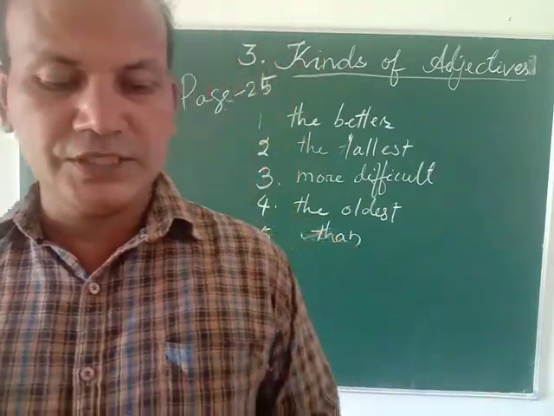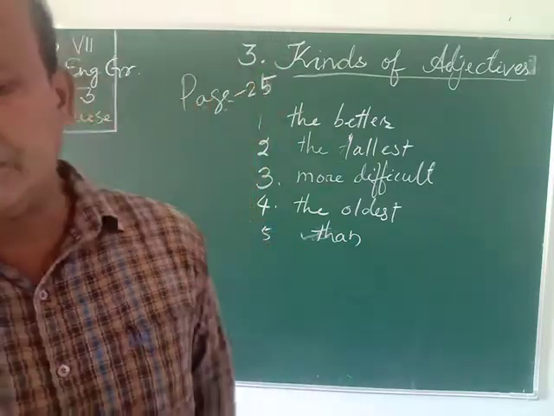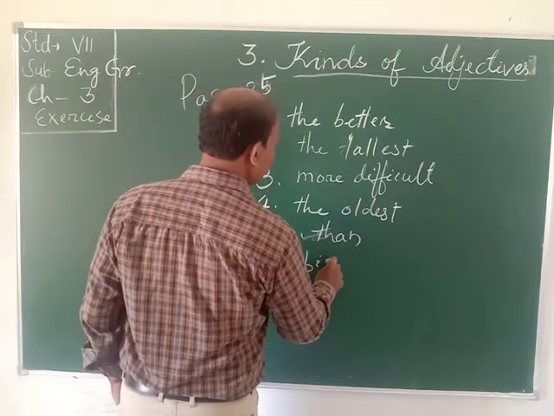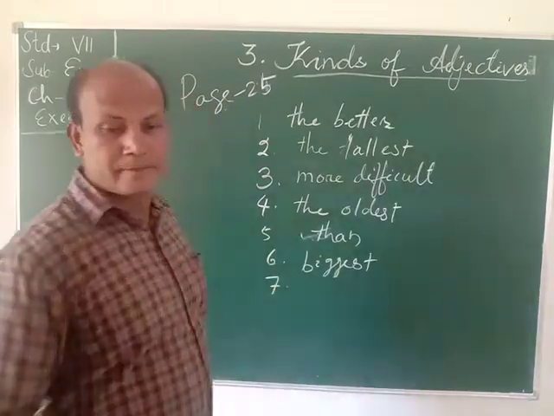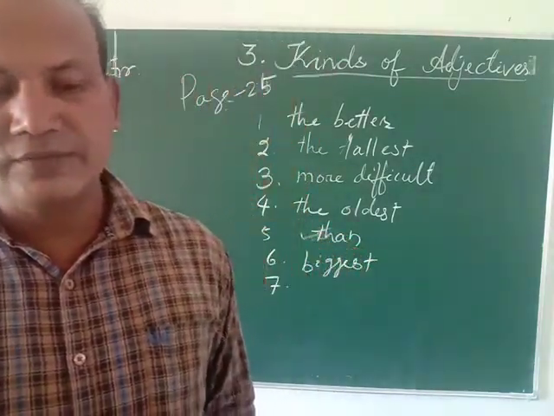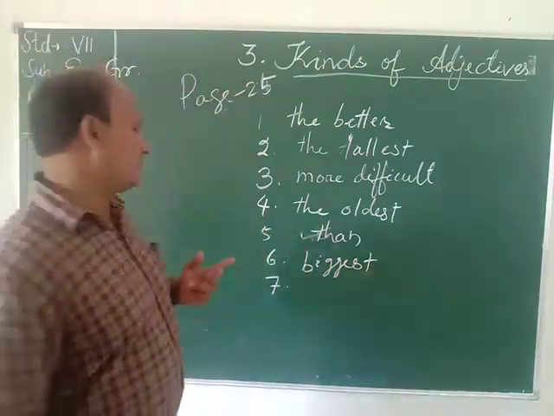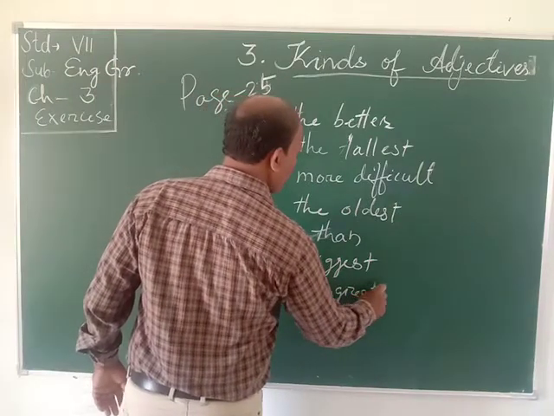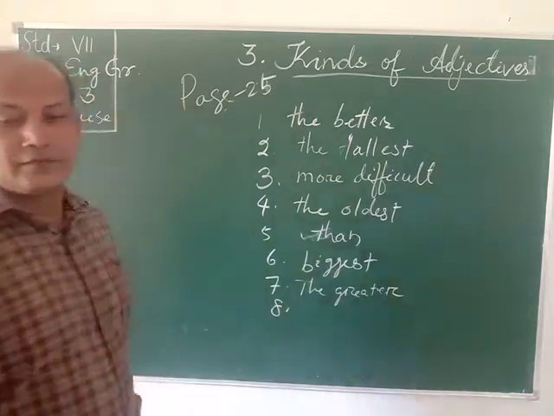Number 6, this is the bigger of the three boxes. This is the biggest. Number 7, the great: all the two actors will receive the award. The great should be the greater of the two, a comparison. Number 8.